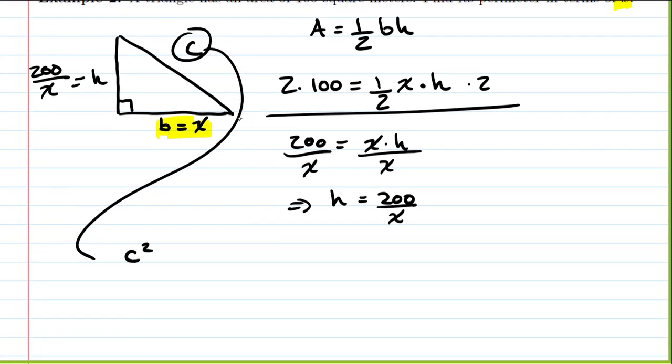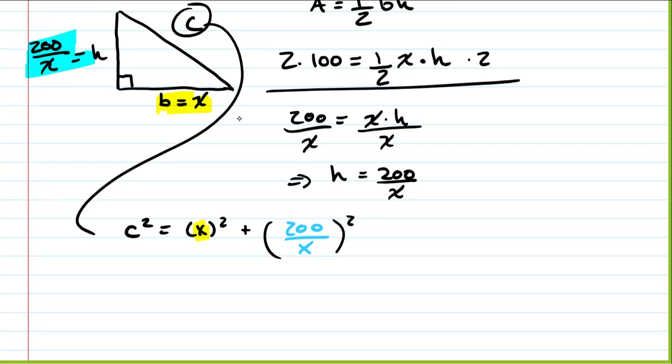We know c squared is equal to the two sides squared. So let's use each of our values that we have. It's going to be equal to x squared plus 200 over x, quantity squared.